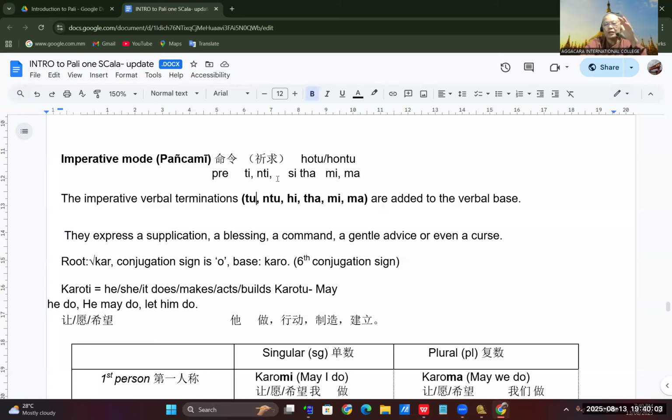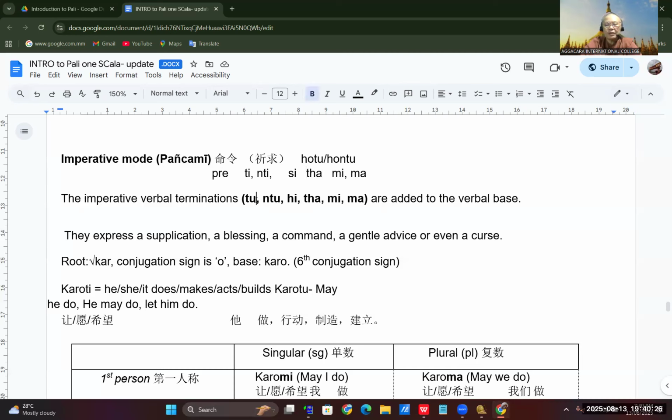But here it is not ti and nti. Here it is tu and ntu, hi tha mi ma. You find that actually the difference is only in the first three. Ti and nti, si. Here we count tu and ntu, hi. Tha mi ma is also similar. It's the same here. Okay.